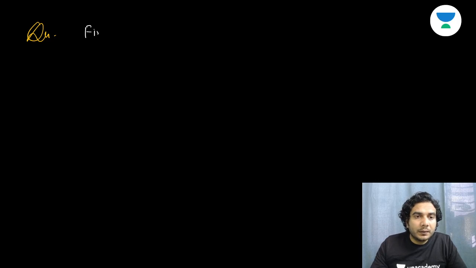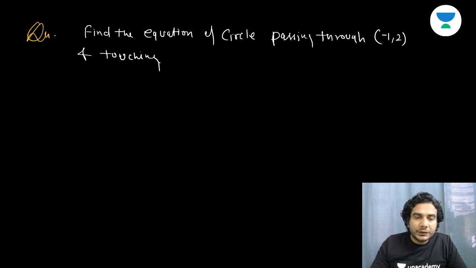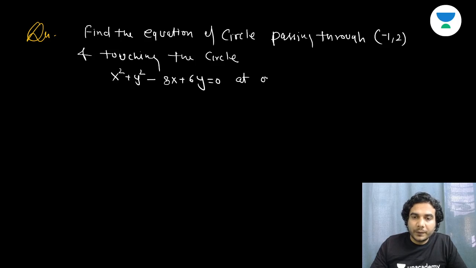So find the equation of circle passing through (minus 1, 2) and touching the circle x square plus y square minus 8x plus 6y is equal to 0 at origin, okay.